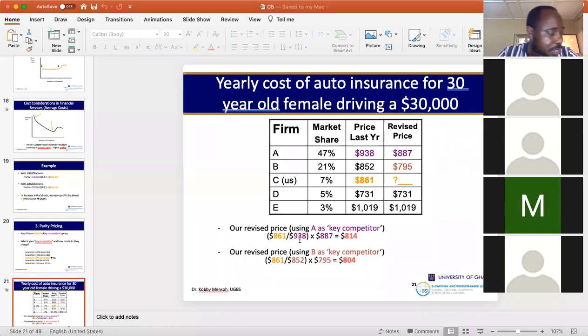Now, when you want to market penetrate, it means that you want to build market share, all right? And building market share depends on getting some customers from your competitors, all right? Now, obviously, we've gone through pricing strategies like cost-based pricing. When you do cost-based pricing, it does not necessarily move customers to you, all right? But if you want to move customers to you, that is build market share, what you do is you parity price, i.e. you mirror your price against competitors' price.